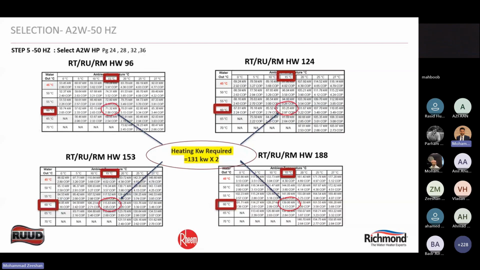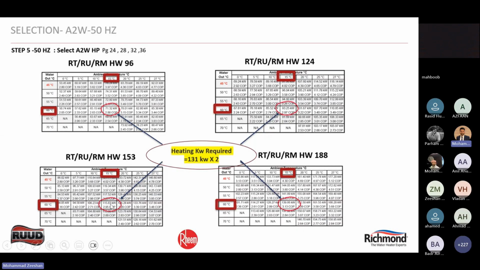I will have to go with two or three or four, depending on what kind of freedom we have on the site. We can either design it as a modular concept where you have single compressor models multiplied with multiple tanks, or we can go with the minimal capacity of heat pumps. In my example, I am taking 188 kilowatt because this is the maximum I can.